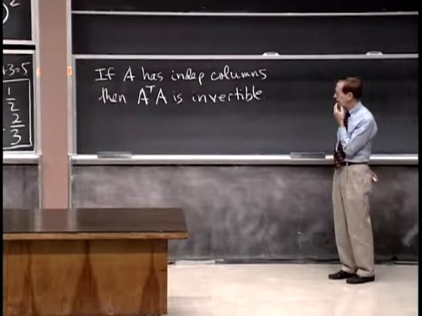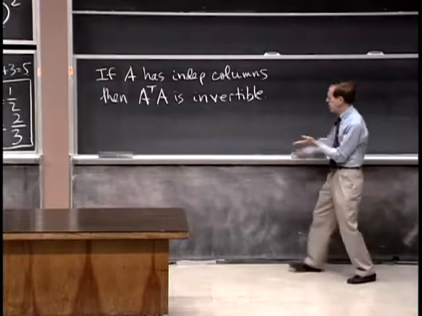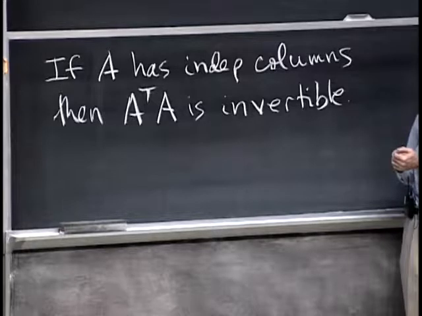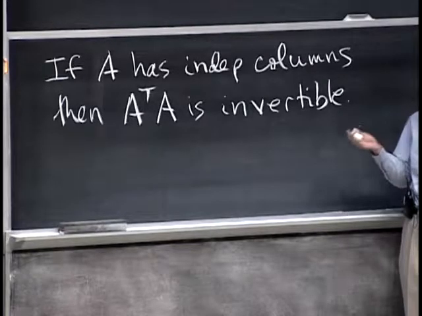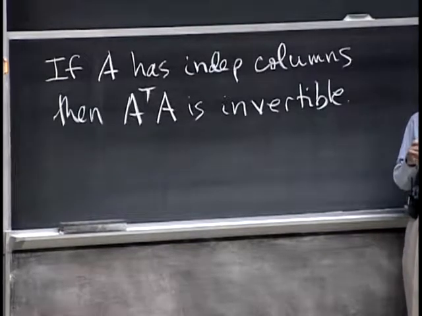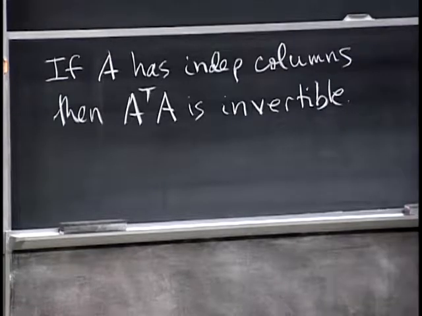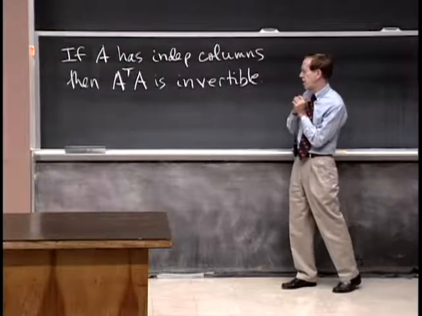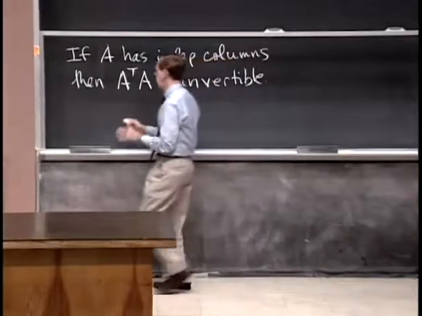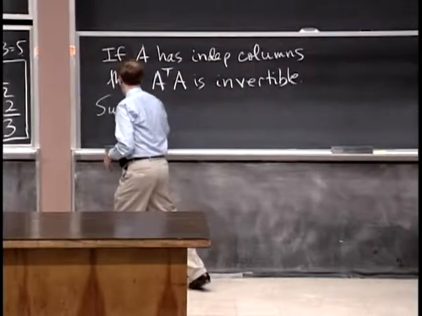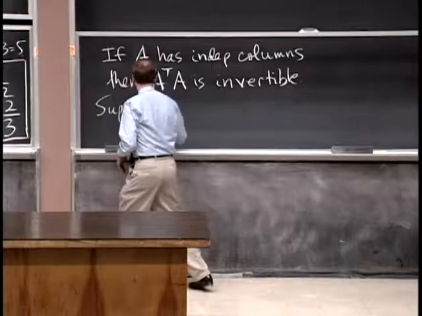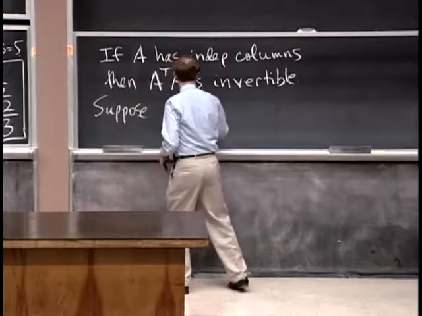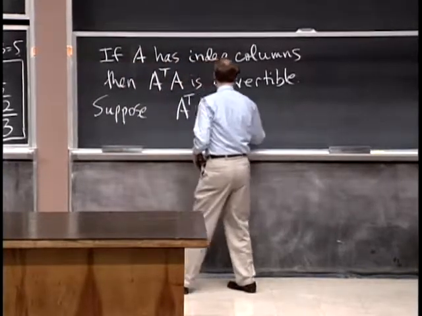I guess I'm wondering, so if it wasn't invertible, so I want to prove that. If it isn't invertible, then what? I want to follow that line of thinking and see what I come to. So proof, suppose A transpose A x is 0.